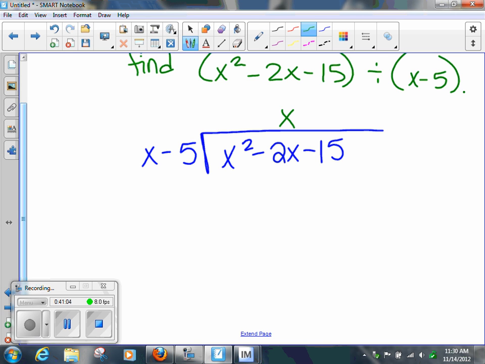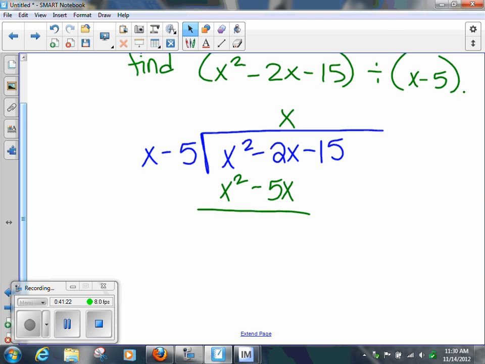Now we're doing the same thing we did earlier. X times x is what? X squared. X times negative 5 is negative 5x. Draw your line, and then what are we going to do? We're going to change the signs.